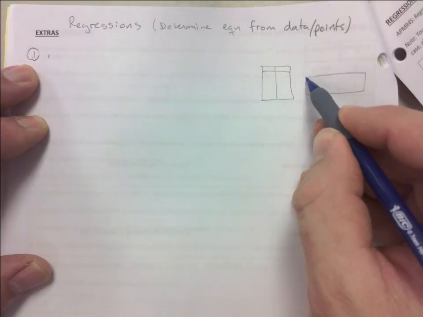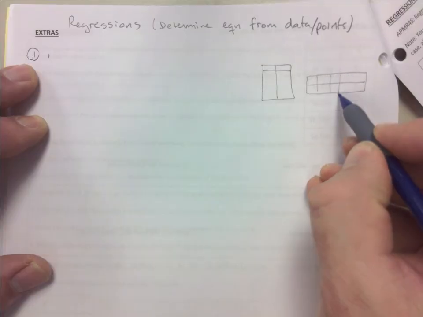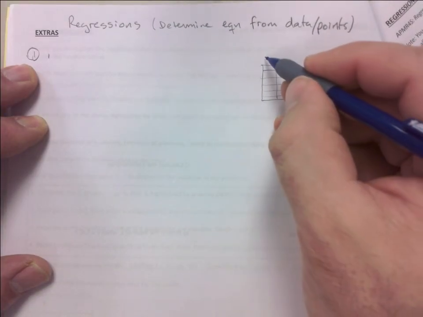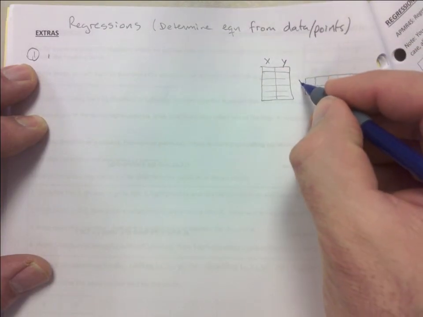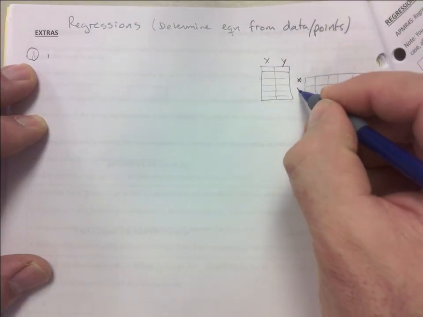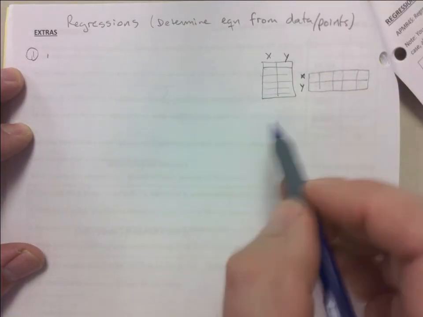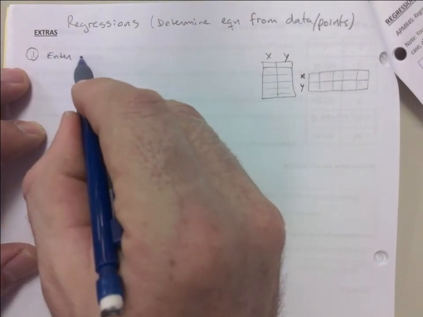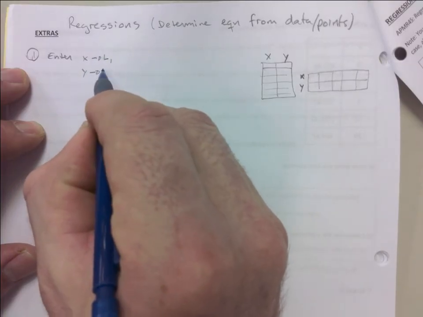It doesn't matter. No matter what, the first is always our X, the second is our Y, no exceptions. If it's a horizontal table, the first row will be our X values, the second row will be our Y values. So what we're going to do is enter X into L1, and Y will be entered into L2.